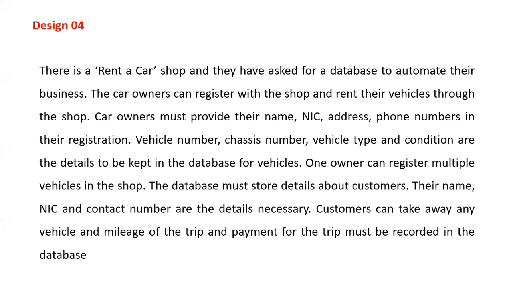That means one owner has many vehicles. One vehicle belongs to one owner. So then we can identify the relationship is one to many. So we have to take the primary key from one side and again insert that into the vehicle table.